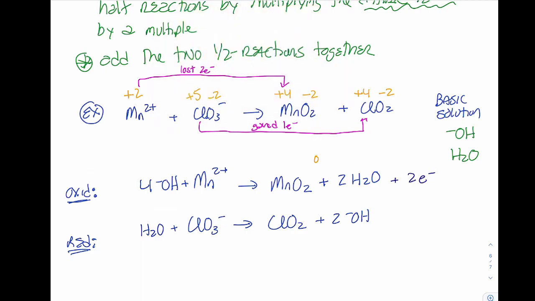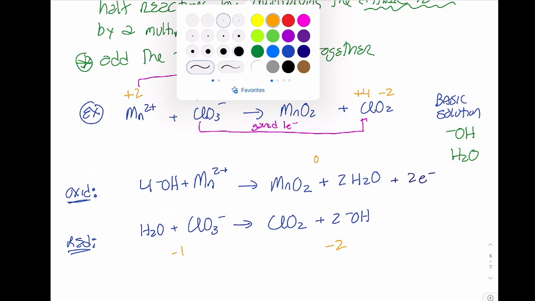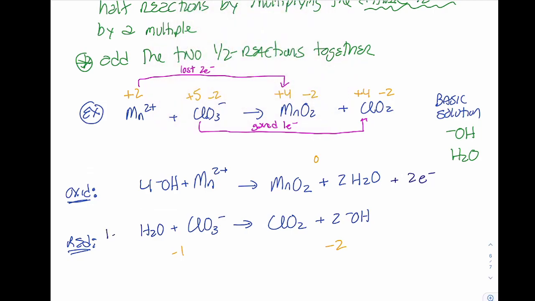Looking at this next one, here I have no charge. Here I have a -1. So -1 total. No charge. I have 2 -1s. So that gives me a -2. To get the charge equal, I'm going to add 1 electron over here, right?